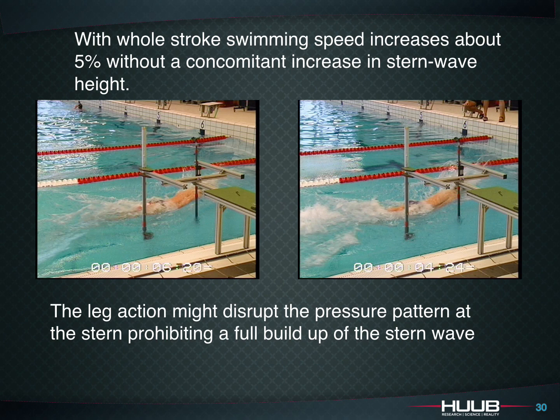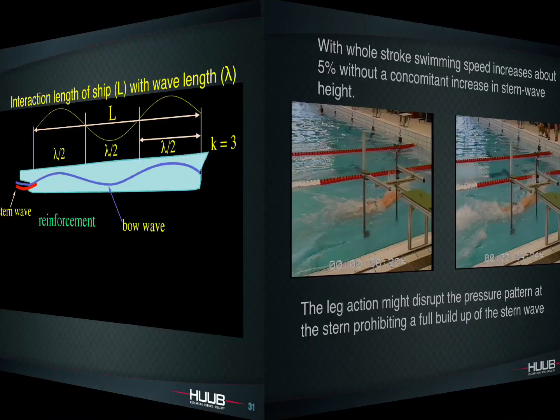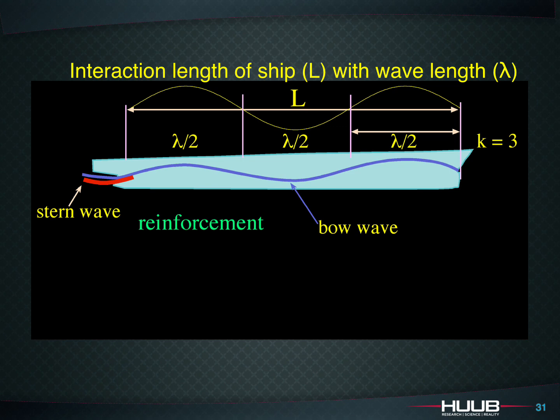Now let's revisit our ship and look at this question a little bit, because there is something interesting going on. Because if the ship is sailing at the water surface with a specific speed, you can imagine that for different velocities, different wavelengths are set up along the length of the hull.